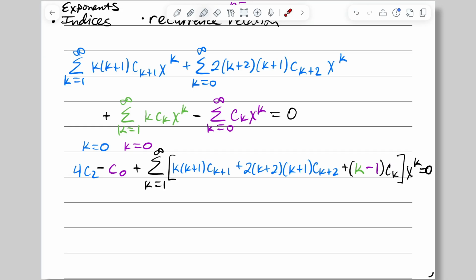And then inside of the brackets multiplied by x to the k is our k times k plus 1 c sub k plus 1, k times k plus 2 k plus 1 c sub k plus 2, and then c sub k can be factored out of k minus 1 from the xy prime and the negative y terms.